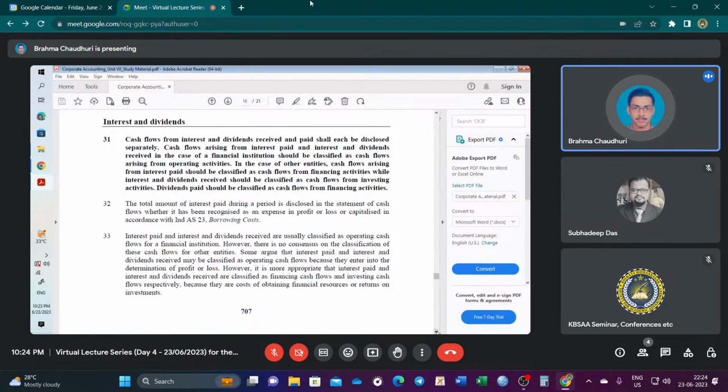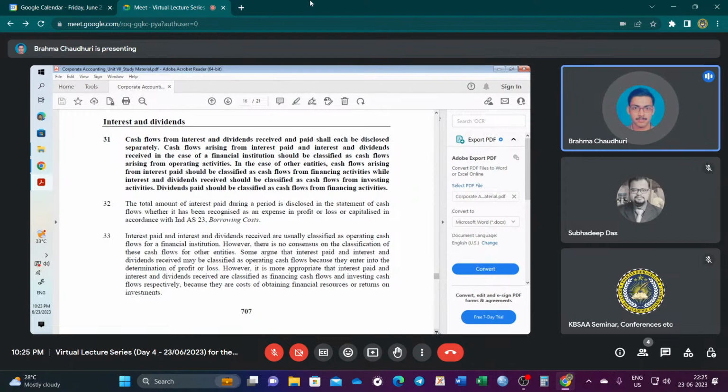Cash flows arising from interest paid and interest and dividends received in the case of a financial institution should be classified as cash flows from operating activities. In the case of other entities, cash flows arising from interest paid should be classified as cash flows from financing activities, while interest and dividends received should be classified as cash flows from investing activities. Dividends paid should be classified as cash flows from financing activities.